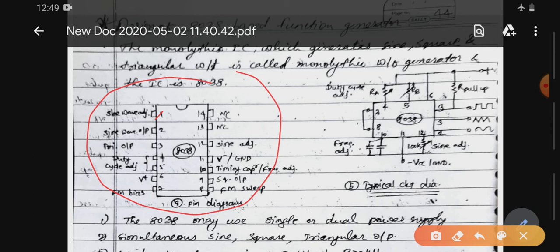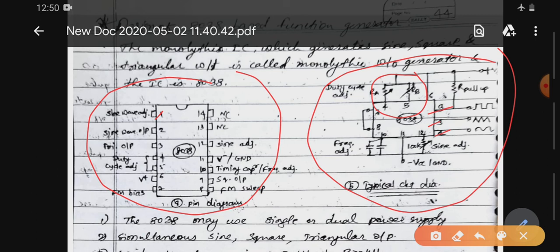Okay, and this is the typical circuit diagram of the function generator, where you can see at pin number 2 sine wave output is available, pin number 3 triangular waveform is available, pin number 9 square waveform is available. To pin number 4 and 5, two variable resistors are connected, RA and RB, which are used for duty cycle adjustment.